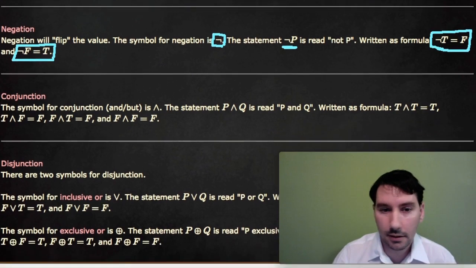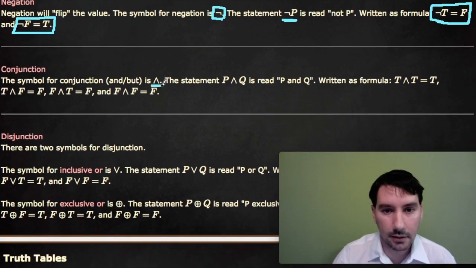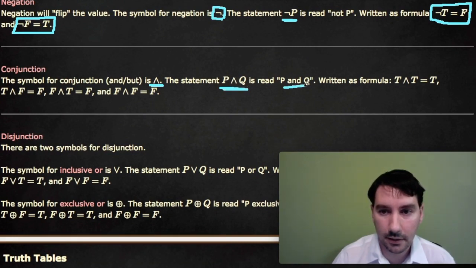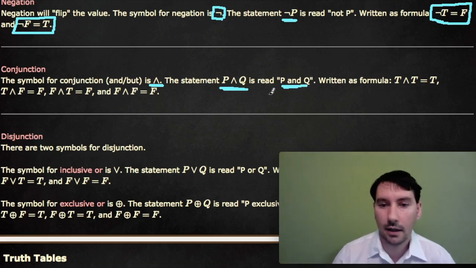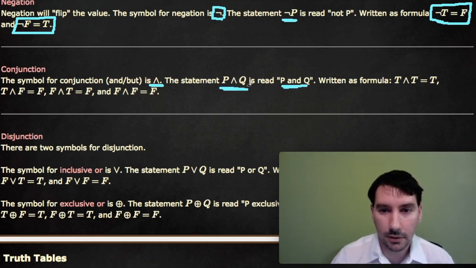A conjunction is written with a little triangle symbol, and it's read P and Q. So if we're given two statements P, Q, and we write this symbol in between, this is P and Q. And we can compute all possible combinations of values in our space, and there would be four of them, because P could be true or false, and Q could be true or false, and then we have to consider all combinations of true and false statements, right?